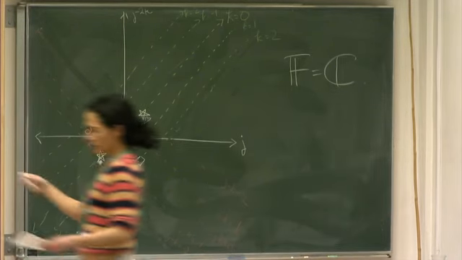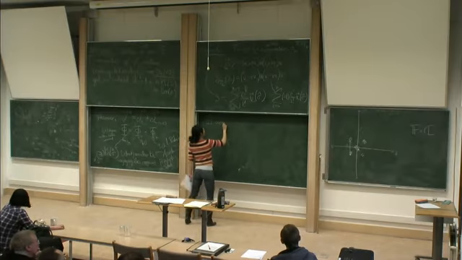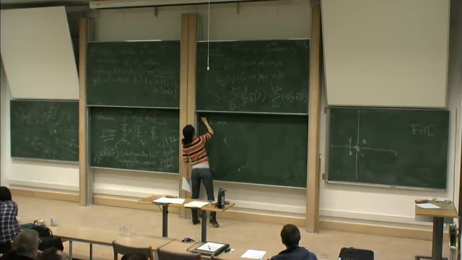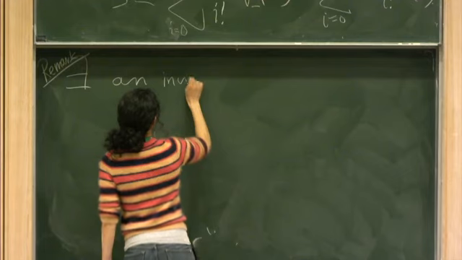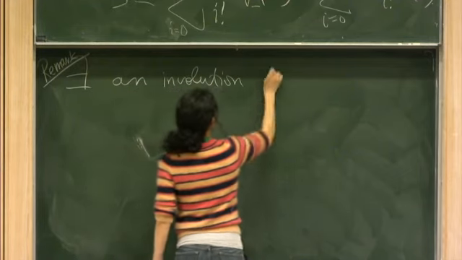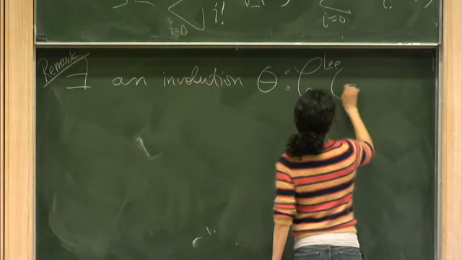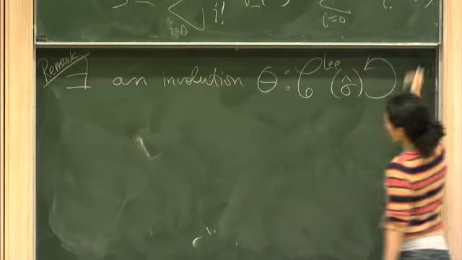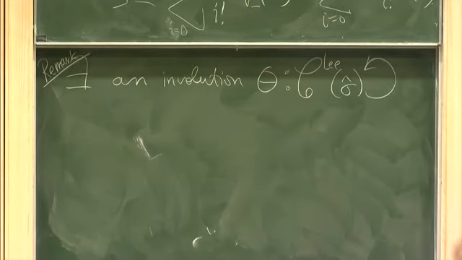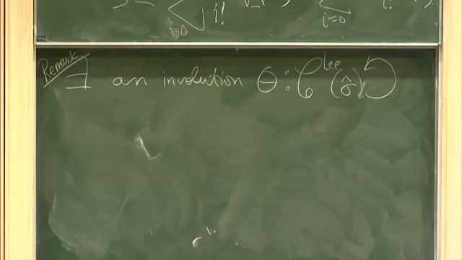But the point is that there exists an involution, so here's a remark: there exists an involution theta on the Lee complex of an annular link, so in particular of a braid closure. I should put that notation in there so we don't forget.